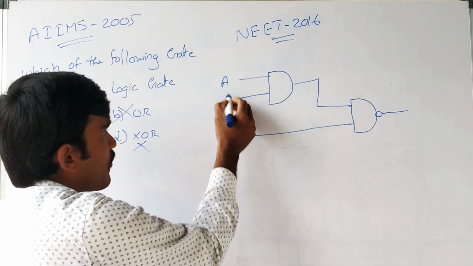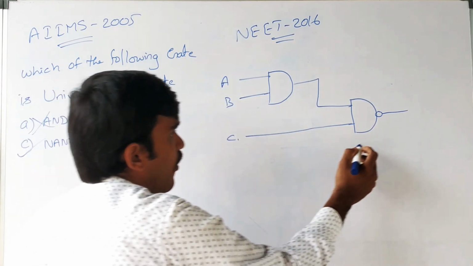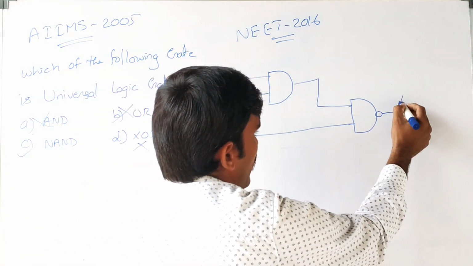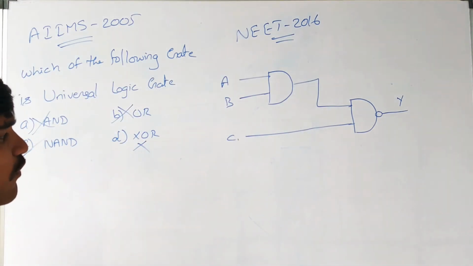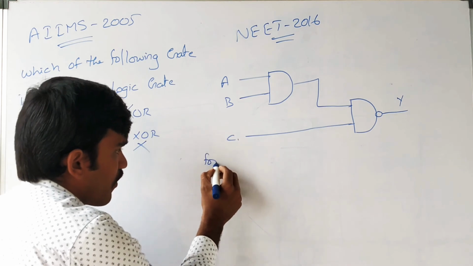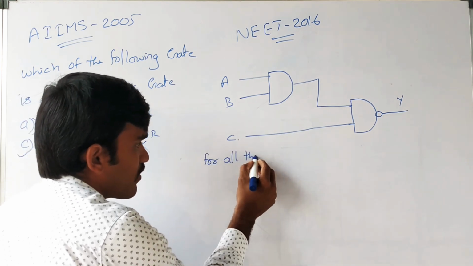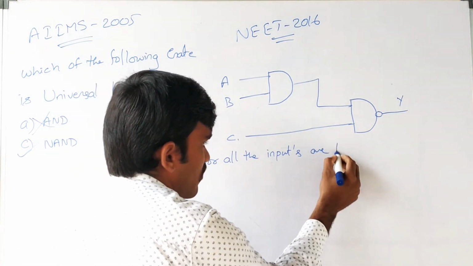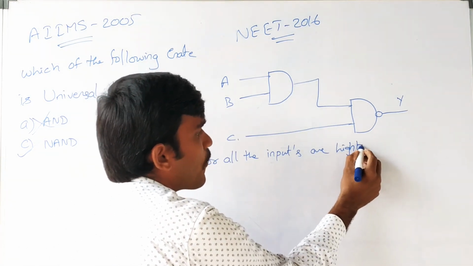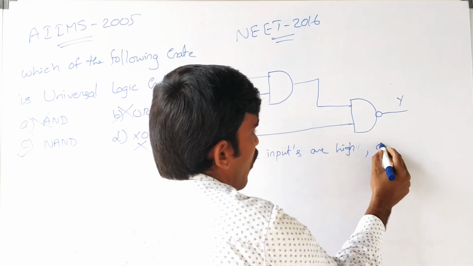The inputs they have given are A, B, C, and the output is Y. For all the inputs high, the output is what?